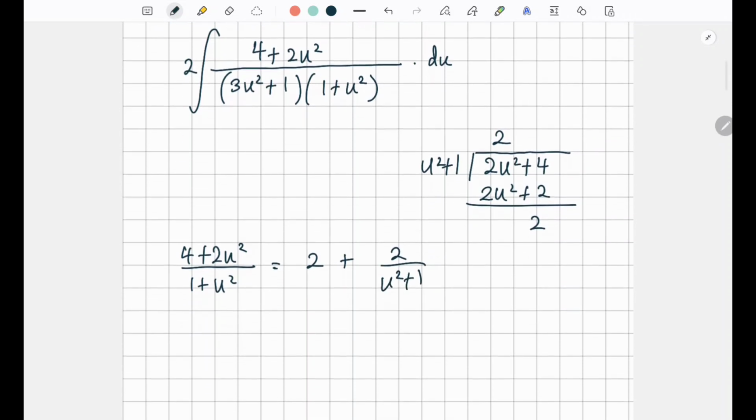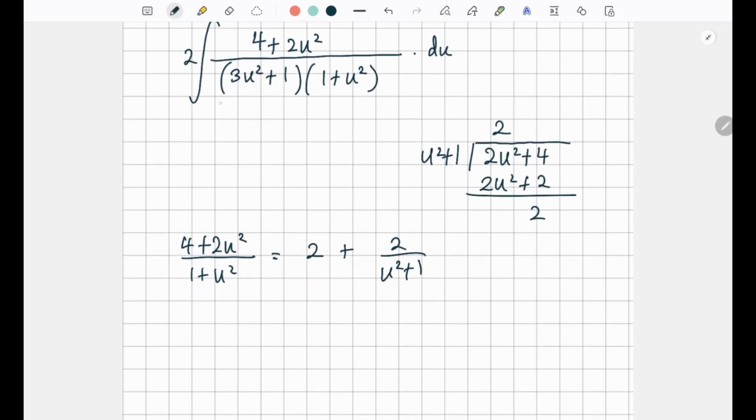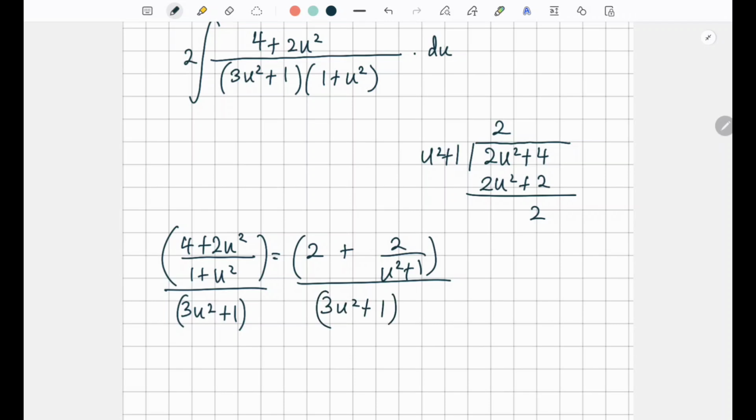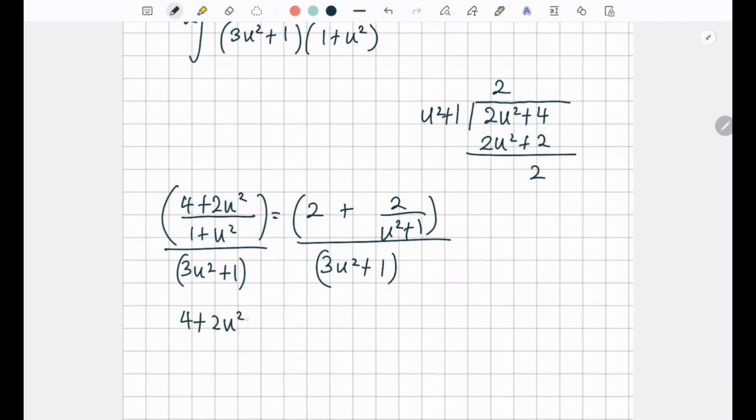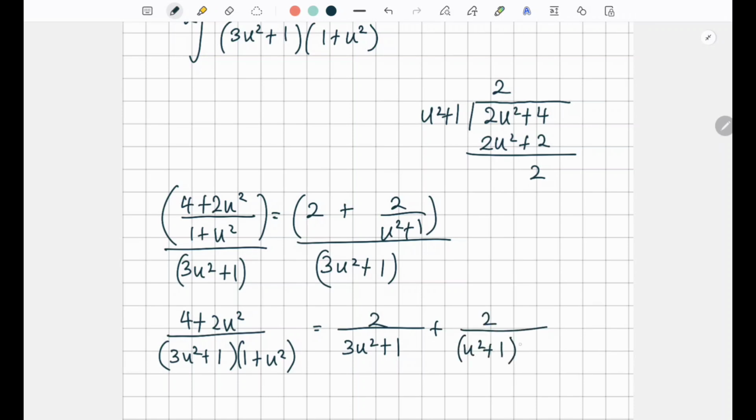But now we have 3u squared plus 1 in your denominator too. So what we have to do is we divide both sides by 3u squared plus 1, and now you'll see you can write 4 plus 2u squared over 3u squared plus 1 into 1 plus u squared as 2 over 3u squared plus 1 plus 2 over u squared plus 1 into 3u squared plus 1.